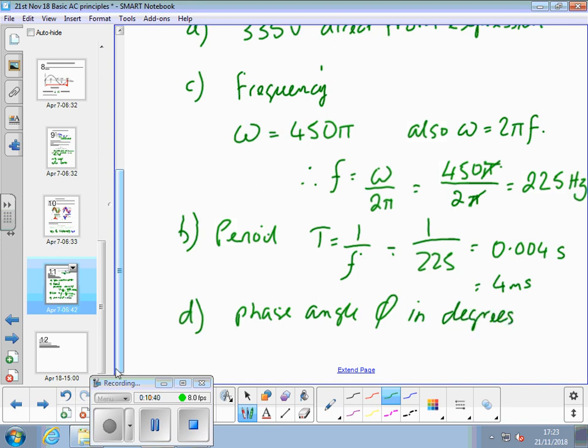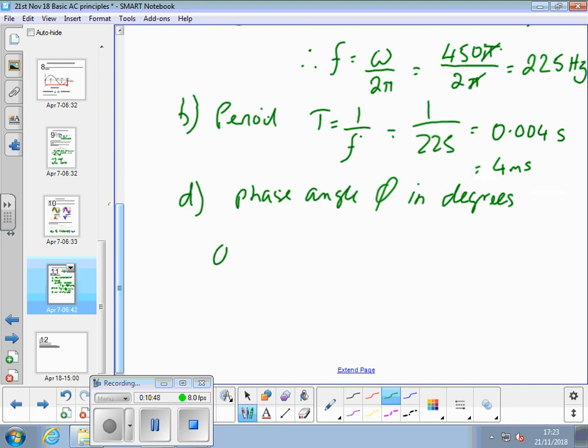What information have we got in the question about that? Theta equals pi over 6 radians. How do we get that to degrees?